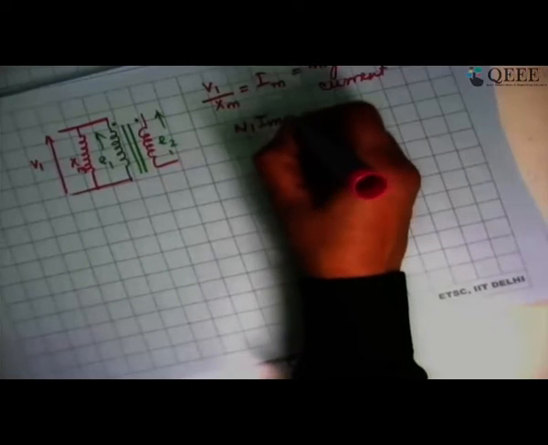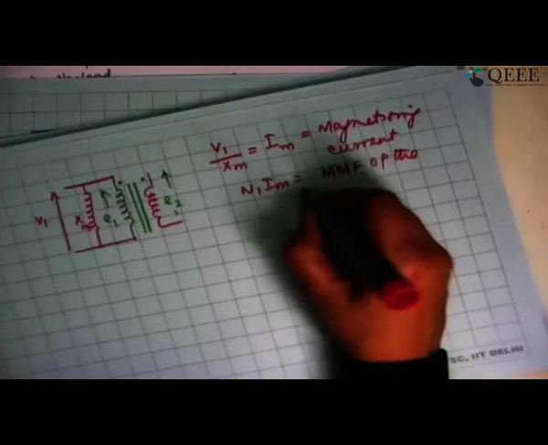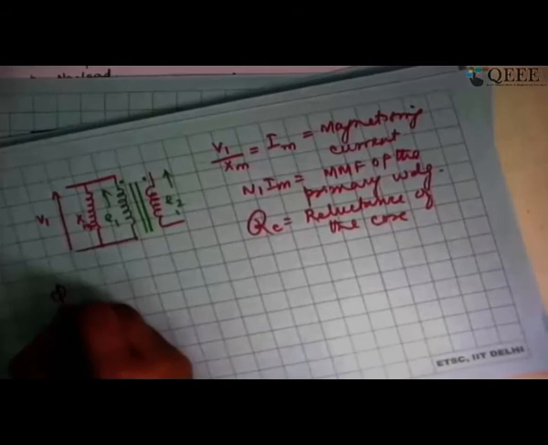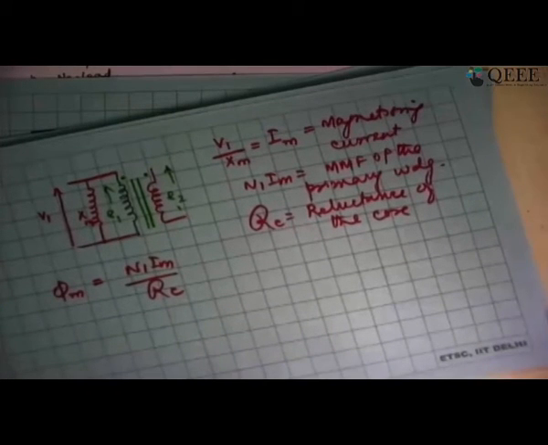N1 Im is the MMF of the primary winding, right? And Rc is the reluctance of the core. In that case, flux phi m is established in such a way that N1 Im divided by Rc equals phi m. This is how the flux is established.